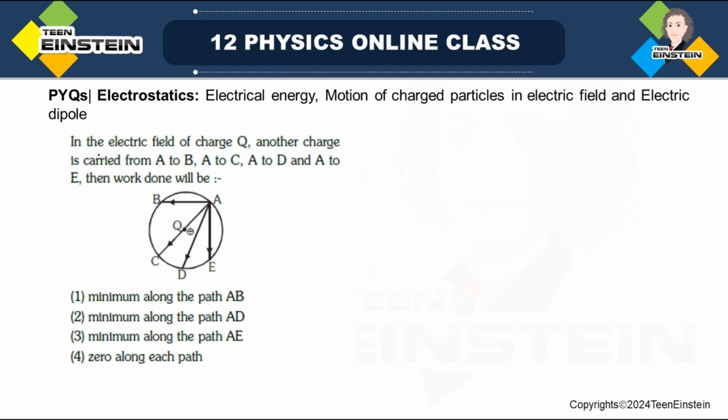You see, this problem says in the electric field of charge q, this is charge q, positive charge, another charge is carried from A to B, or A to C, A to D or A to E. The question is, then work done will be minimum along AB path, minimum along AD path, minimum along AE path, zero along each path.